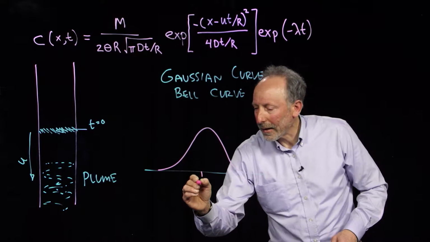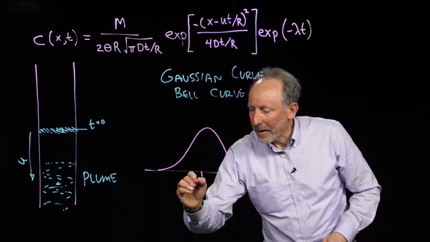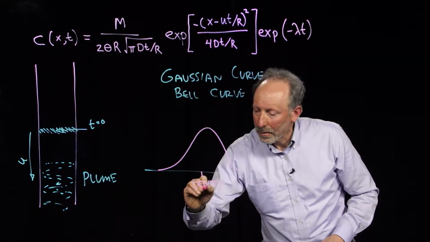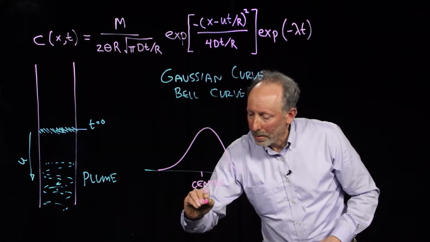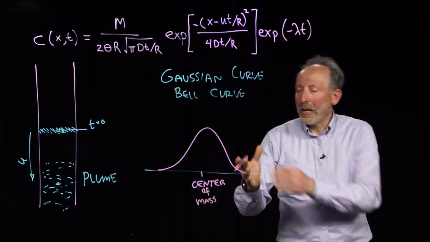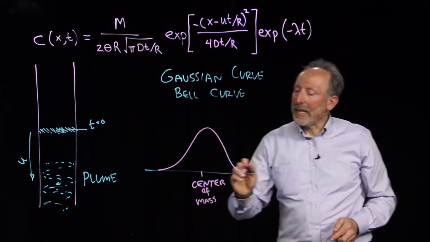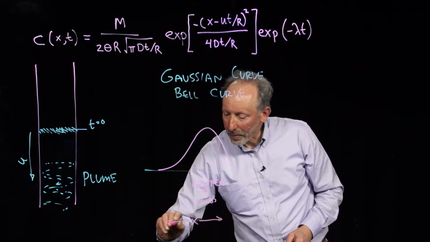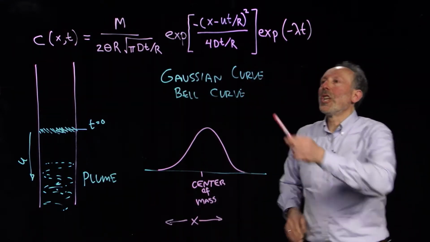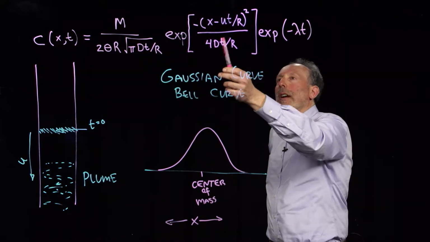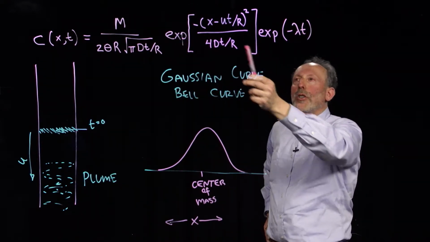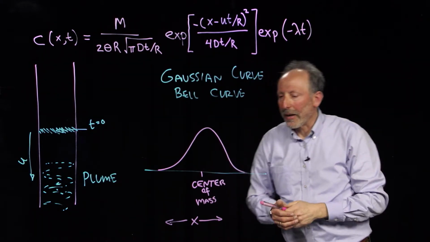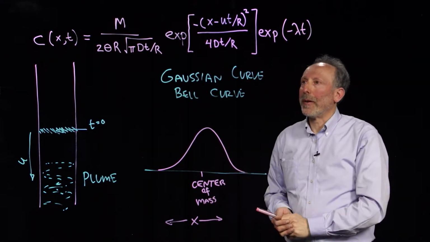This is going to be at the center of mass. And then it spreads out either way symmetrically in space. So we're drawing x in this way, okay? So x only shows up here, and so as I go smaller and larger, since this is squared, it's symmetrical. It gets squared, so it has exactly the same value, and it has a classic Gaussian curve.